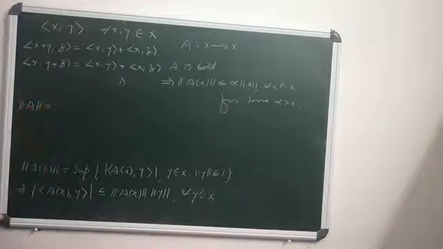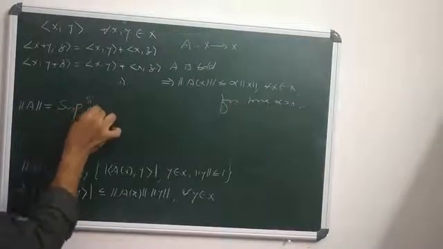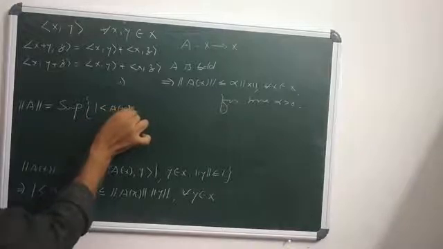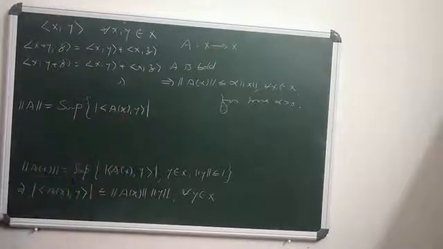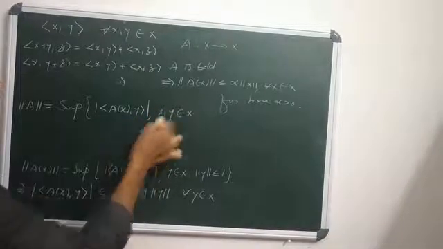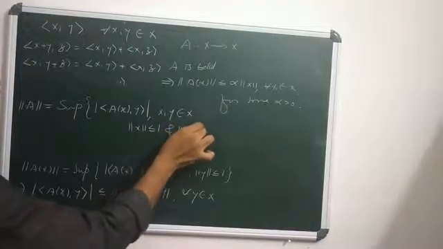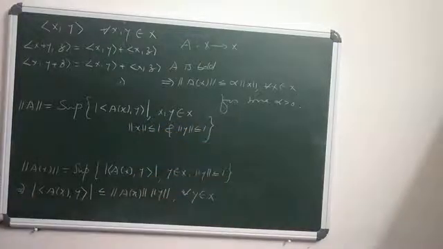Norm A is defined as the supremum of the modulus of <Ax, y> for all x, y in X with norm x less than or equals 1 and norm y less than or equals 1. So norm A is defined in terms of the supremum of the modulus of the inner product <Ax, y> with norm x and norm y less than or equals 1.